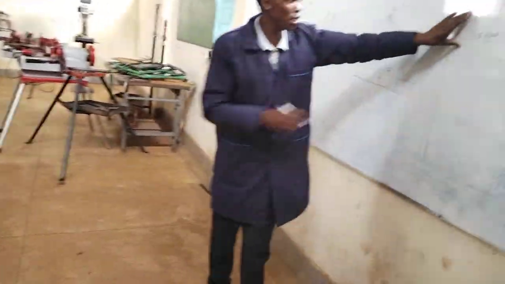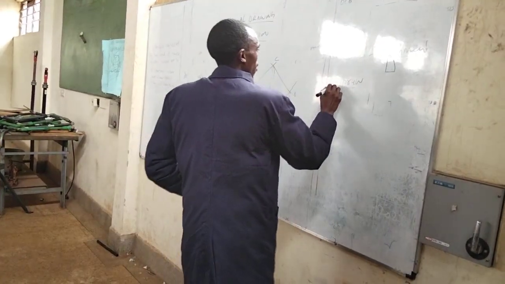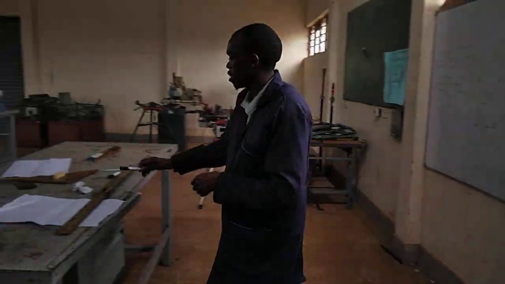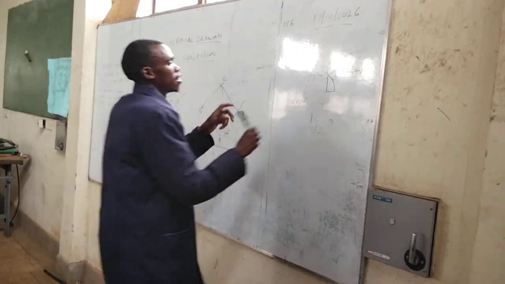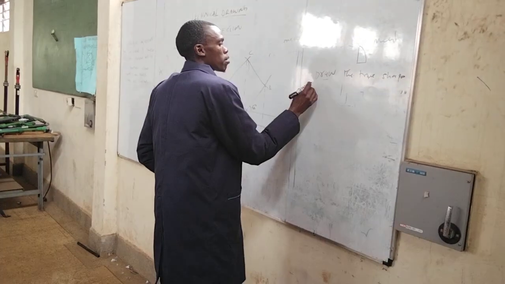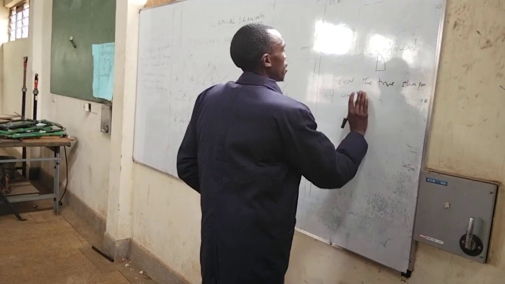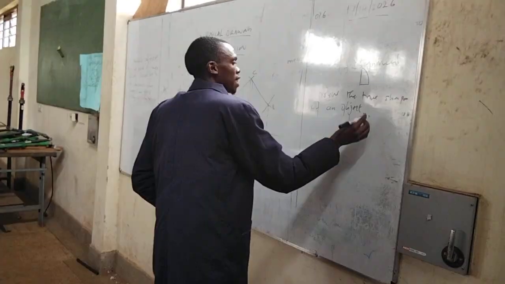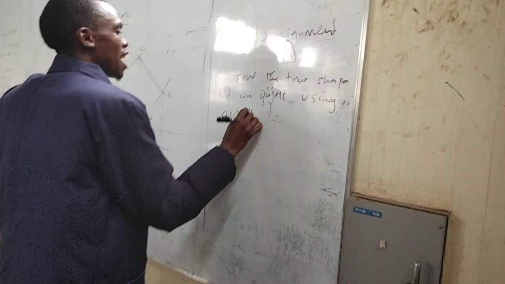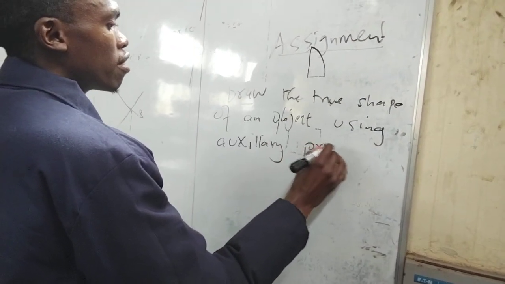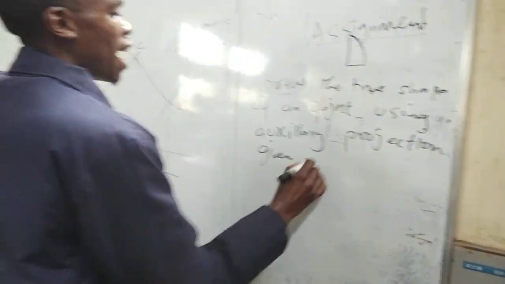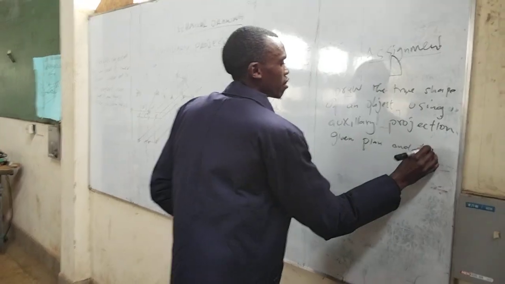Okay, there is an assignment I want to leave with you. One, draw the true shape of an object using auxiliary projection, given plan and front elevation.